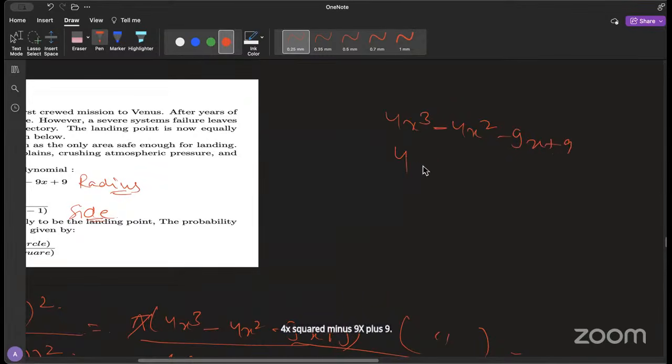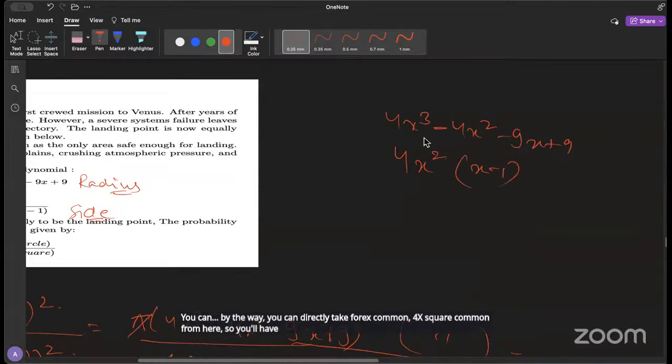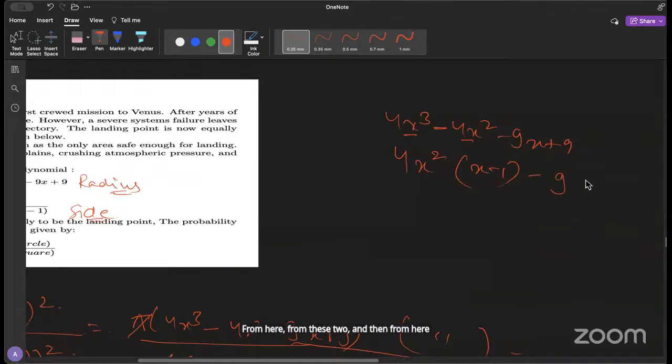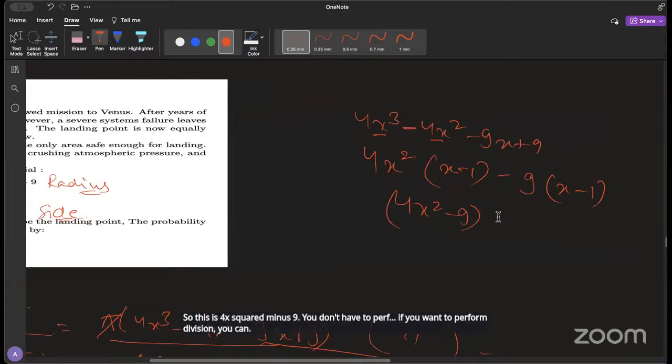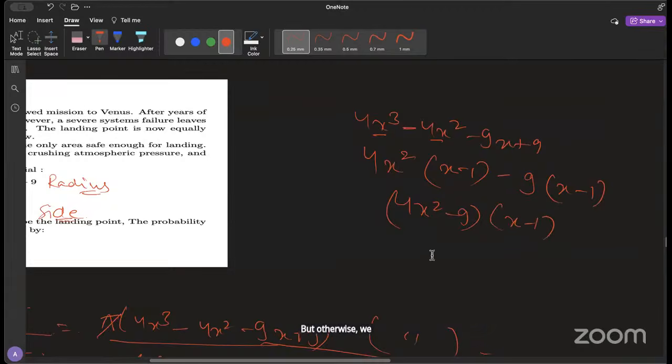By the way, you can directly take 4x square common from here. So you will have x minus 1 from here, from these two. And then from here, you can take 9 common. You will have x minus 1 here. So this is 4x square minus 9. If you want to perform division, you can. But otherwise, we directly have the answer, right?